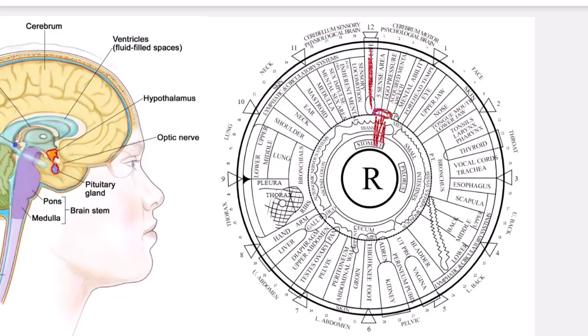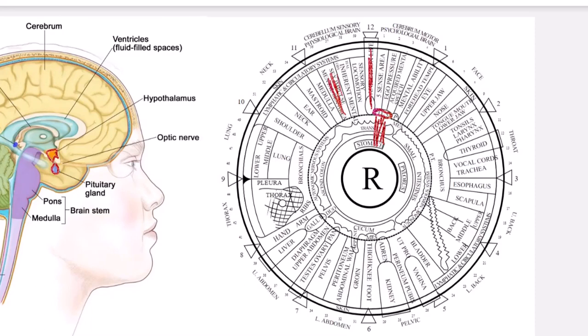So digestion, the health of the gut, is going to be related to the health of the pituitary and the health of sexuality. Also, just while I'm here, I'm going to note the sex impulse brain center. So you'll also be looking at that.